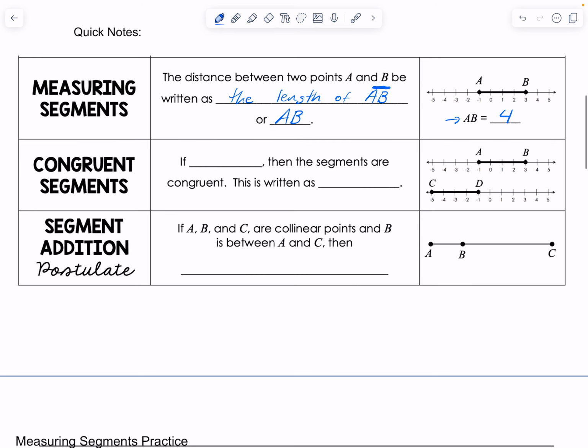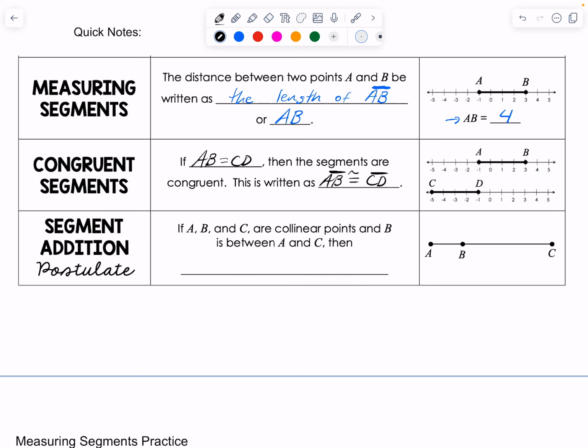If the length of segment AB is equal to the length of segment CD, then these segments are said to be congruent. This can be written as segment AB is congruent to segment CD.